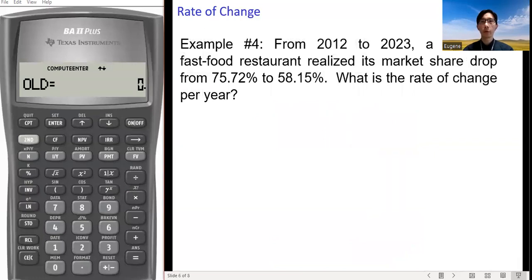From 2012 to 2023, a fast food restaurant realized its market share dropped from 75.72% to 58.15%. What is the rate of change per year?